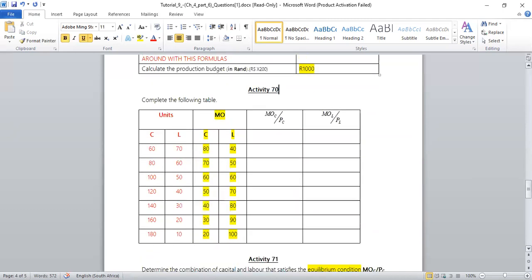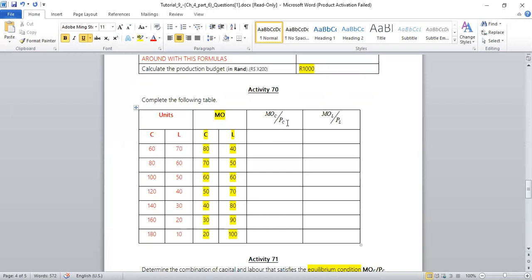Now we are here, activity 7. You see this one, it's highlighted in yellow. The reason why I highlighted this in yellow is because when we are filling this table, we are focused on these numbers: marginal output of capital and marginal output of labor, divided by the price of capital and the price of labor.